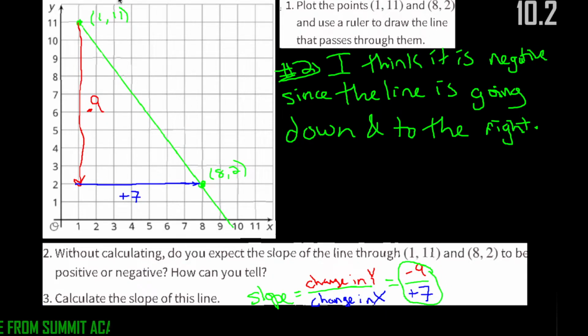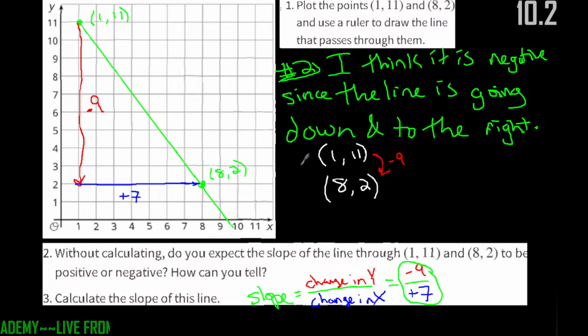If you want to just use the points, I can write (1, 11) and (8, 2) and do the same kind of step. My change in y is minus 9 because 11 minus 9 is 2.